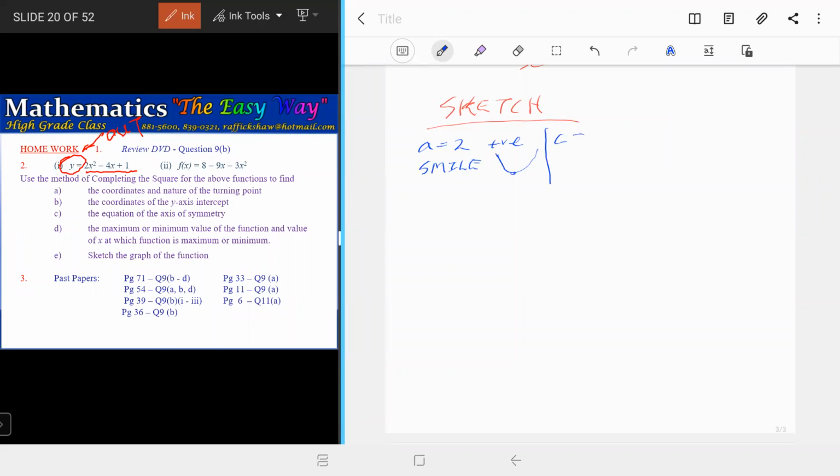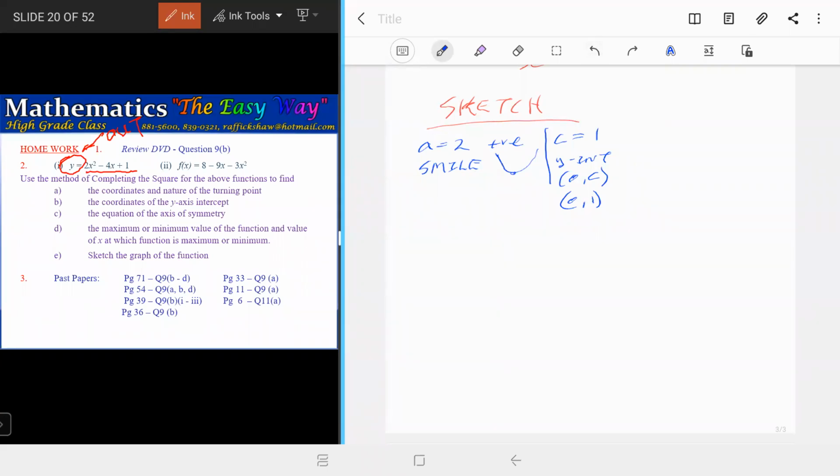The c is equal to 1, and the y-intercept is the point (0, c), which therefore is (0, 1). I remember we get all of this so far from the standard form. Standard form gives us the a and the c.